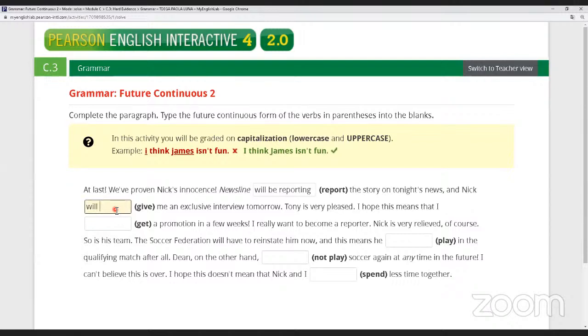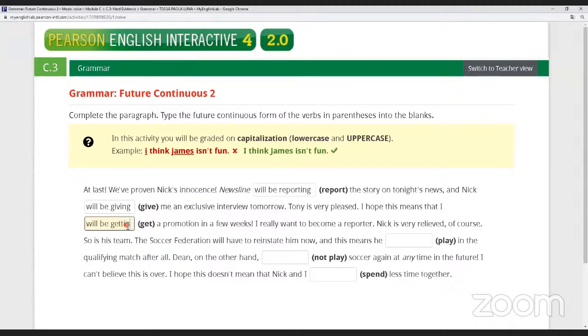Okay, and Nick will be giving me an exclusive interview tomorrow. Tony is very pleased. I hope this means that I'll get a promotion in a few weeks. I will get, yes, but type the future continuous. We'll be getting a promotion, yes, we'll be getting a promotion in a few weeks.